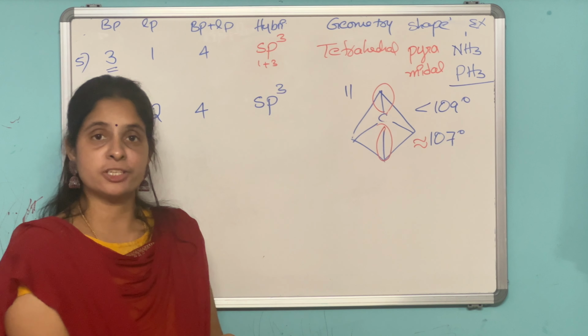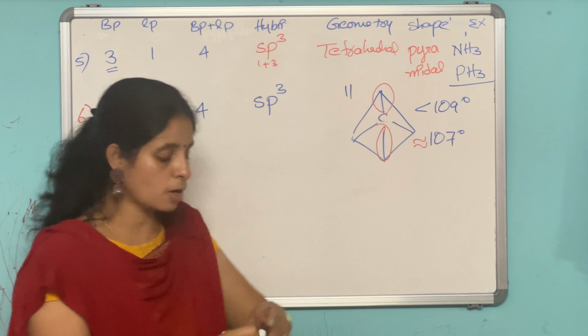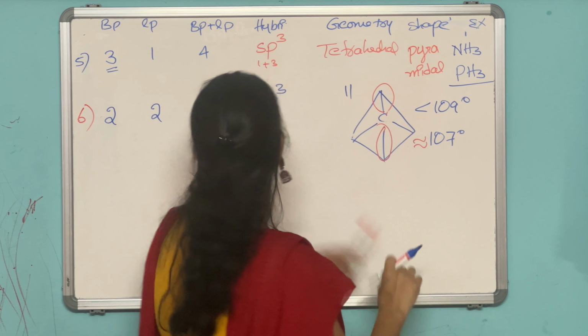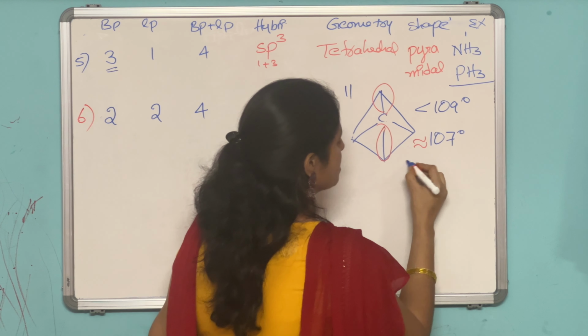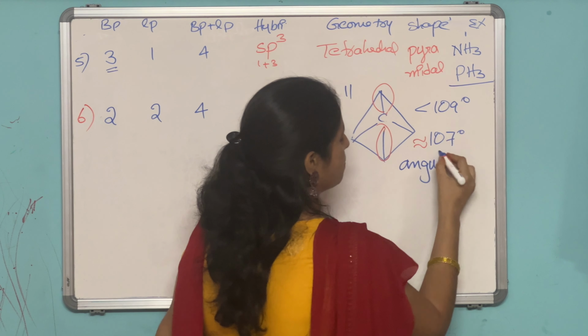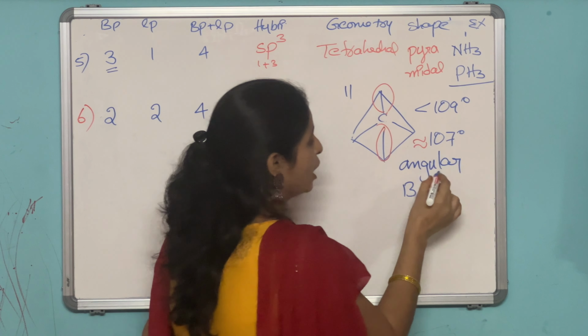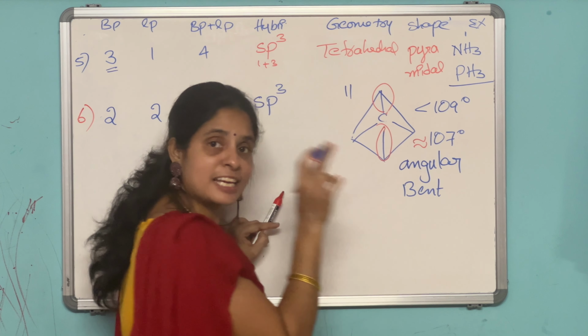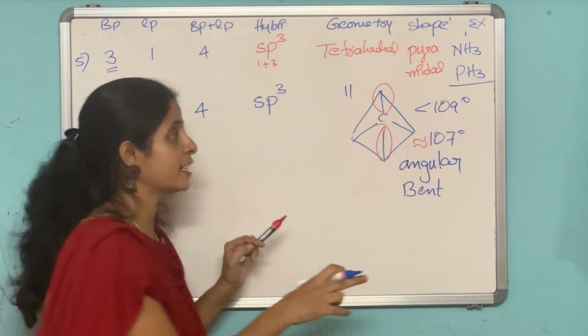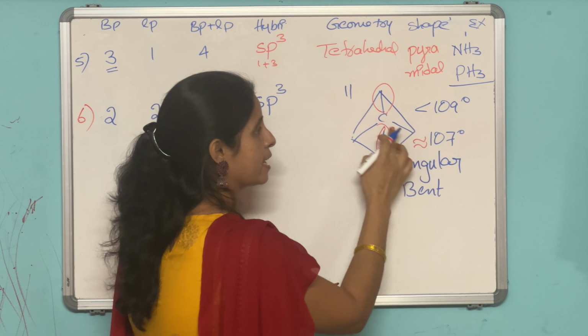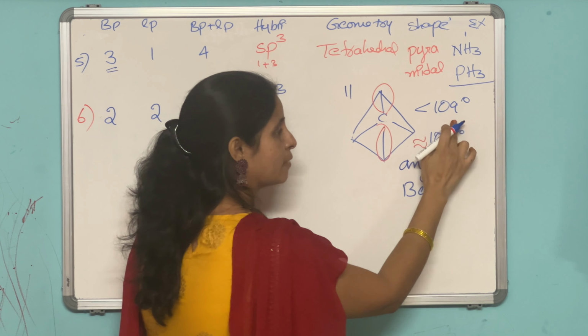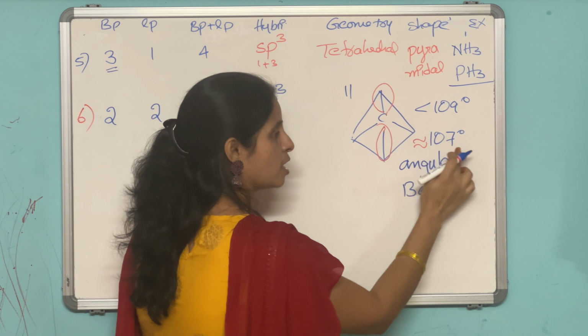Now while predicting the shape, you should not consider the lone pairs. Now what is the shape here for this one? The shape is angular or bent shape. And here the bond angle is still less than 107 degrees. If 1 lone pair is there, the bond angle is less than 109, that is 107.